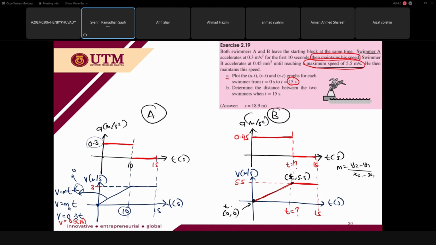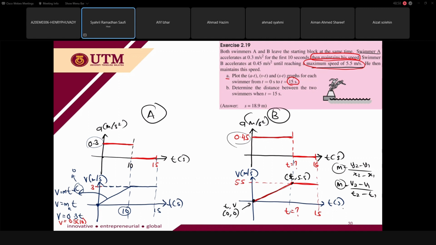Time is here, v is here. So if we change y to v, it is v2 minus v1 over t2 minus t1, and the gradient is the value of the acceleration.